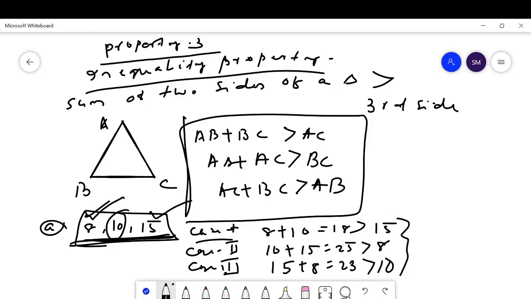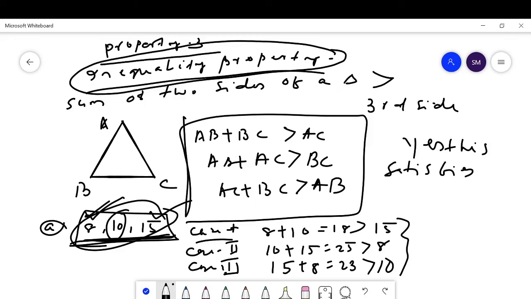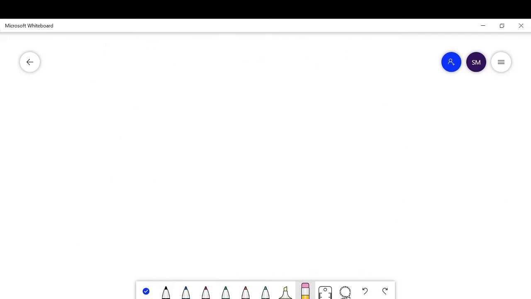Yes, these three sides can form a triangle because this satisfies the triangle inequality property. We can form a triangle by using these three sides.